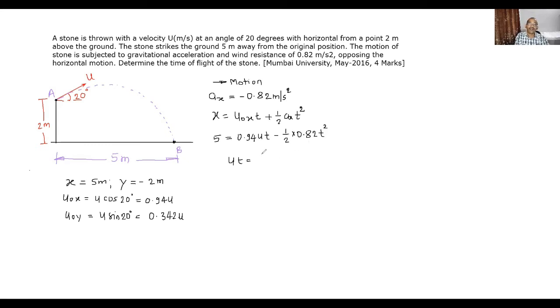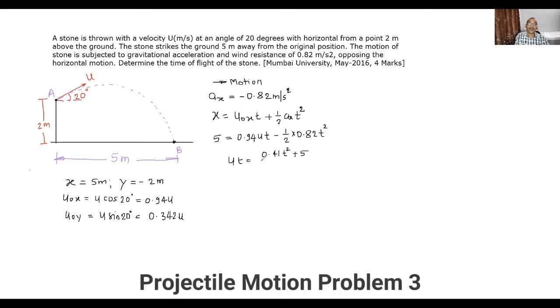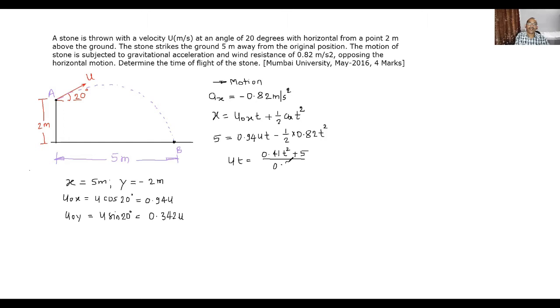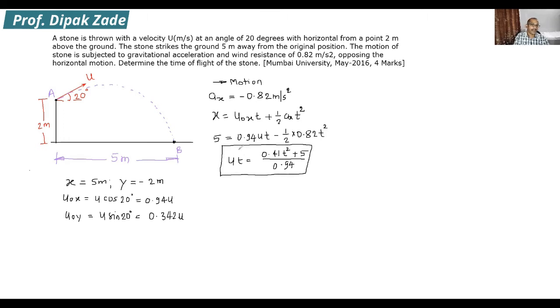So this term becomes 0.41, half of 0.82, t square, right? And if you take it to the other side, it becomes plus. That means 5 is in addition, and the coefficient of ut is 0.94. So this is the product of velocity and time that you get by applying the equation along the x-axis.